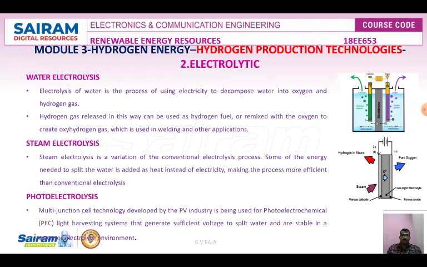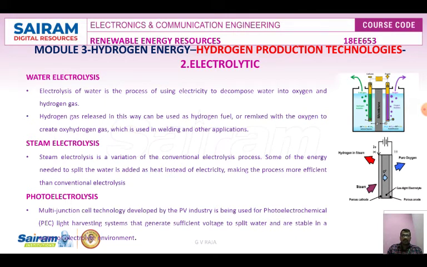Two types of electrochemical methods we have. One is alkaline, and the other is also called proton exchange membrane, PEM, which is used commercially and is available in equipment, commonly called electrolyzers.